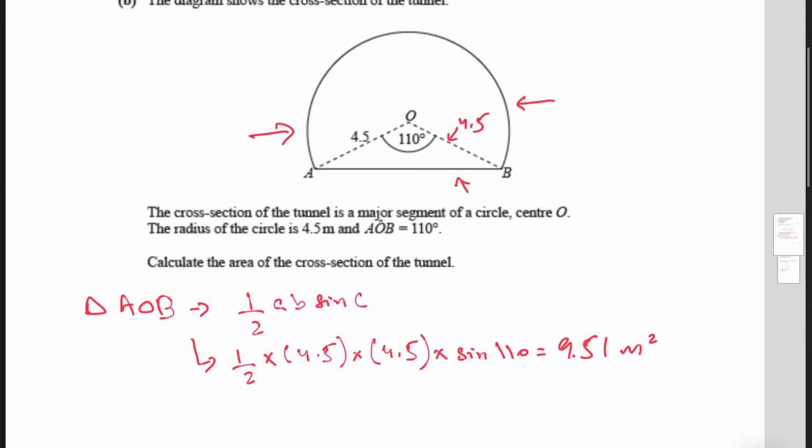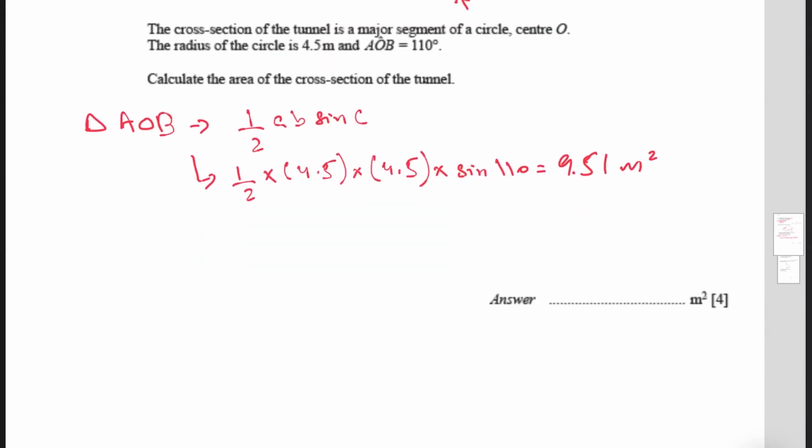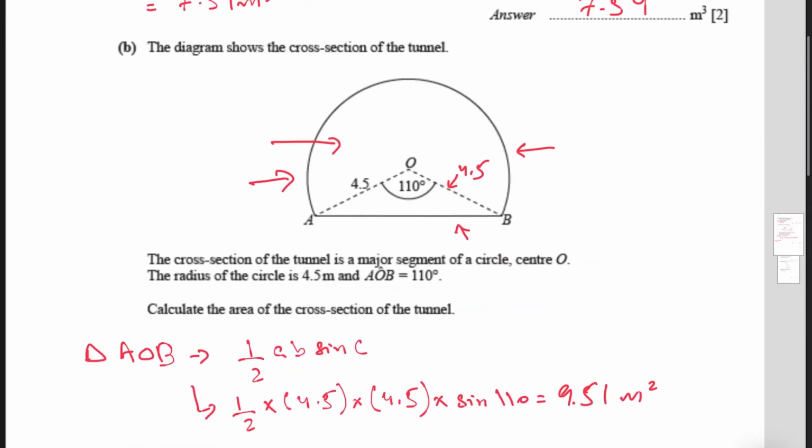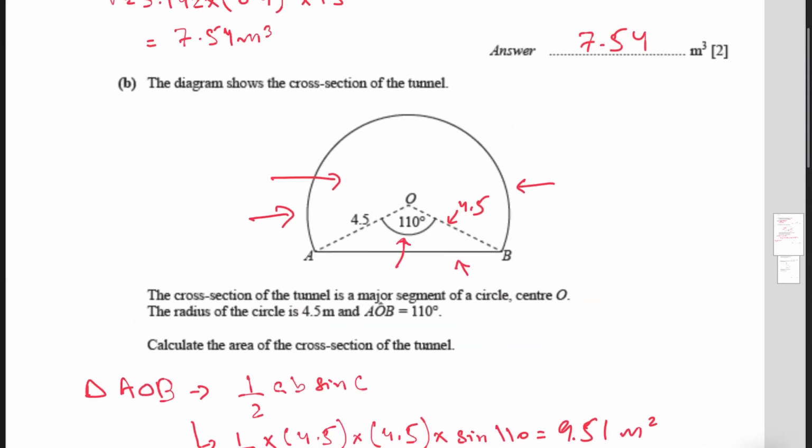Now let's find the area of this part over here, that is not the triangle but the circle. So you write segment, or not even a segment. Let's say it's just AOB. But how do we find the area of AOB? So we look at this angle first. This is 110. If we find this angle and use the area of a circle's formula, we can find the area of this part.